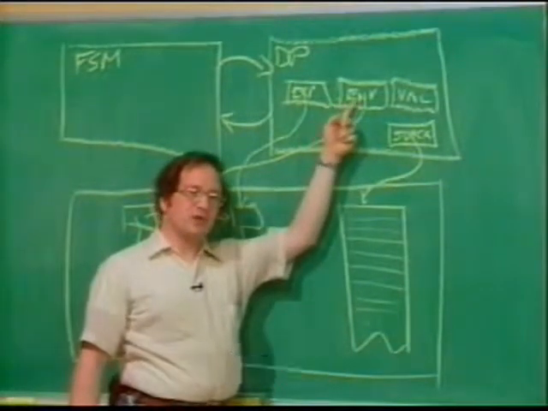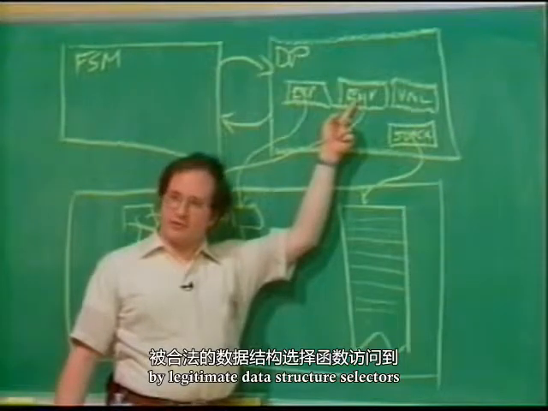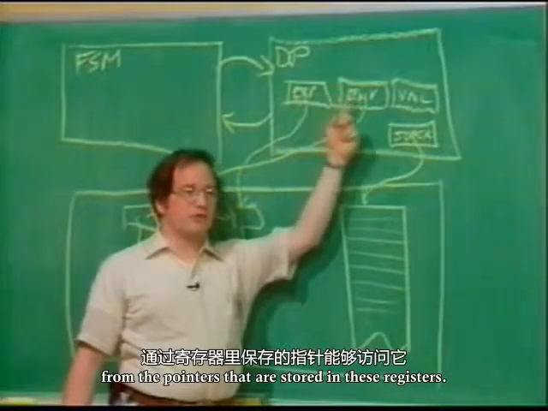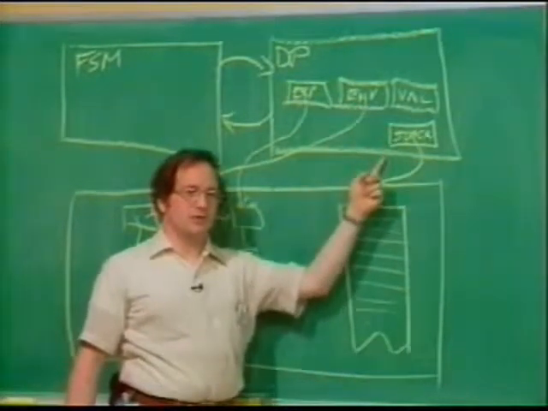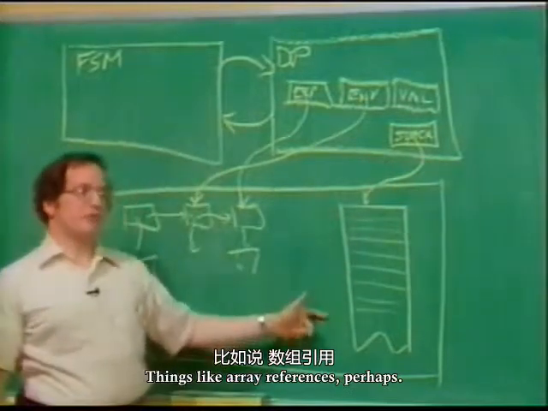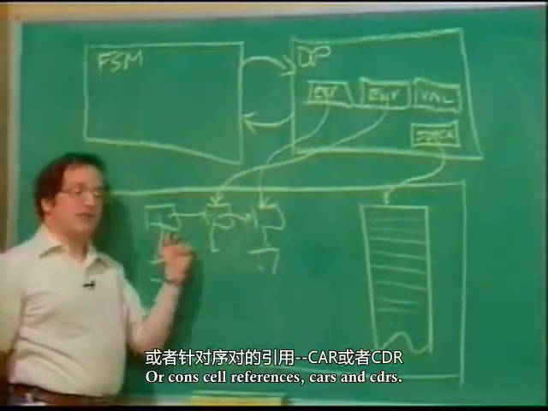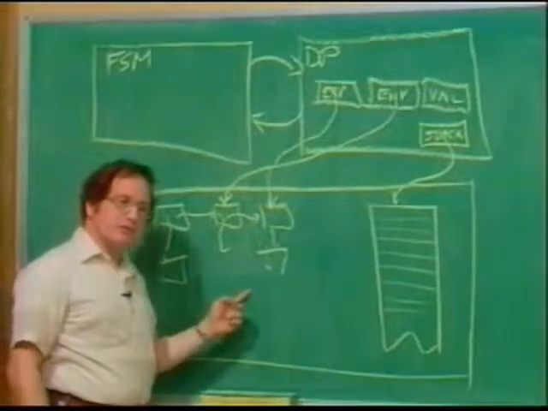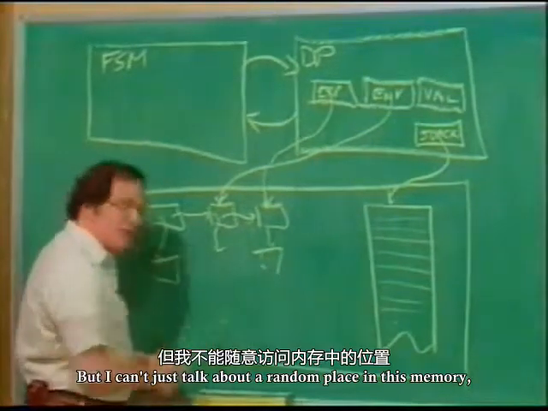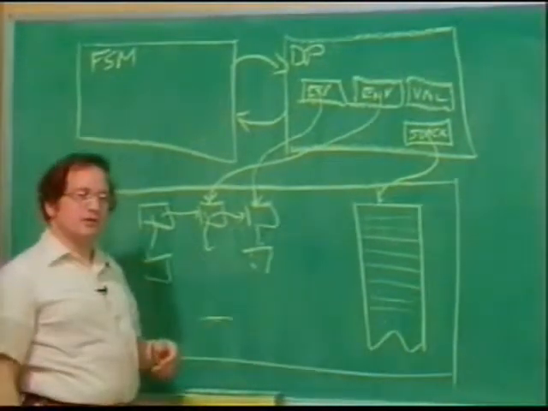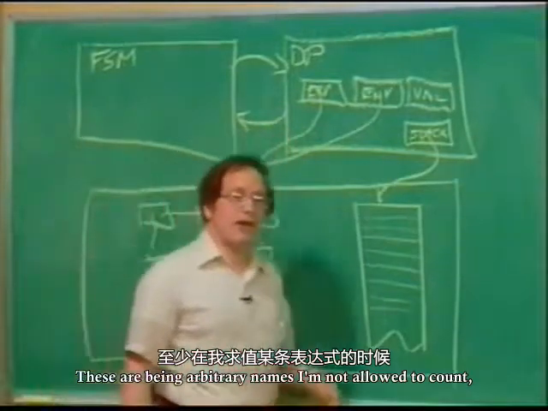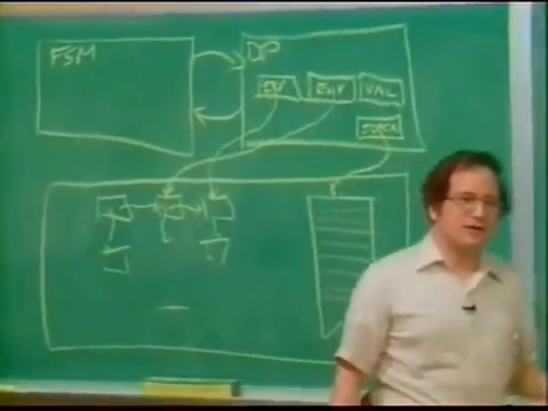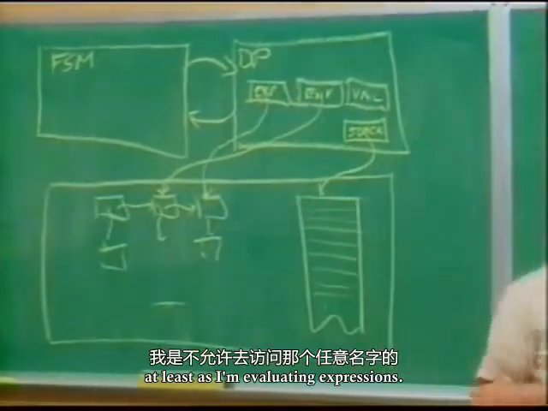If it's accessible by legitimate data structure selectors from the pointers that are stored in these registers. Things like array references, perhaps, or cons references, cars and cdrs. But I can't just talk about a random place in this memory because I can't get to it. These are arbitrary names I'm not allowed to use, okay? At least as I'm evaluating expressions.